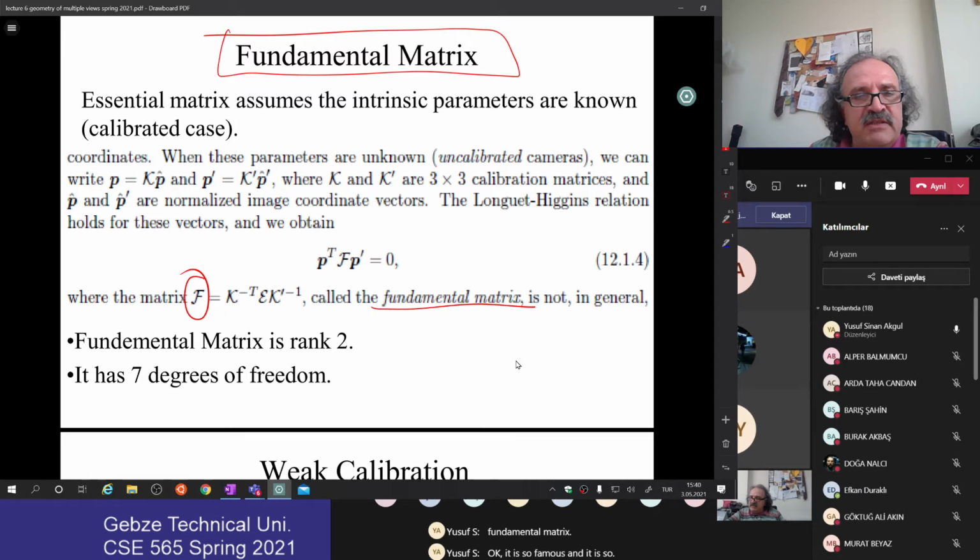I think it was in one of my slides. Where is it? Fundamental matrix song. Maybe it's here. Yeah, here it is.